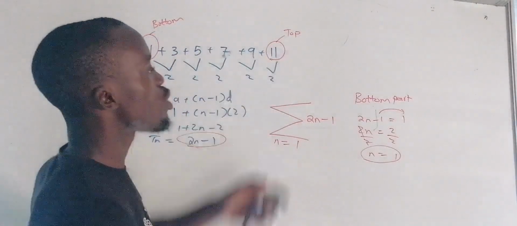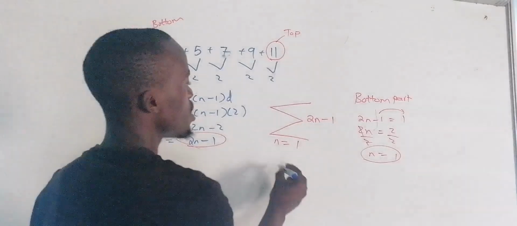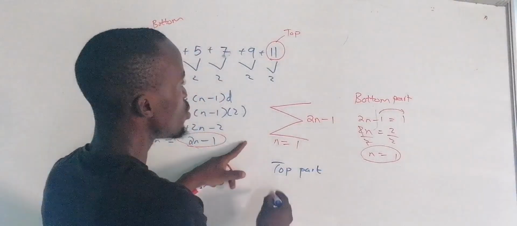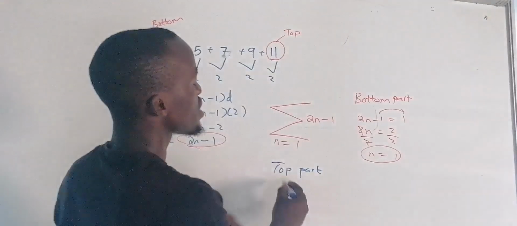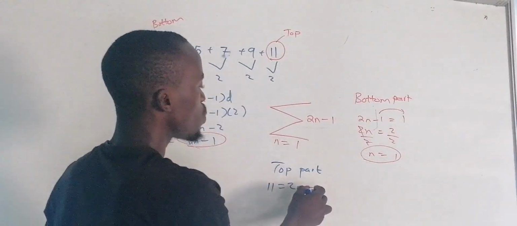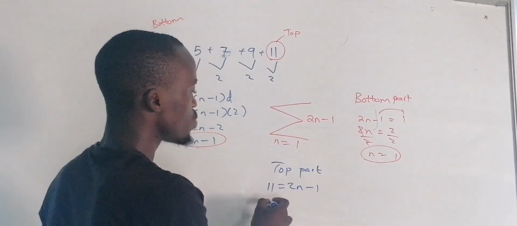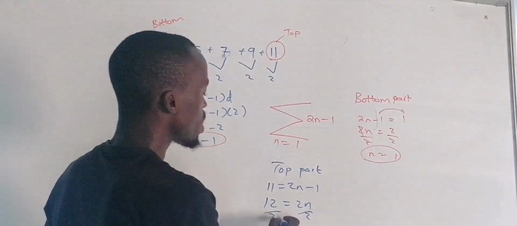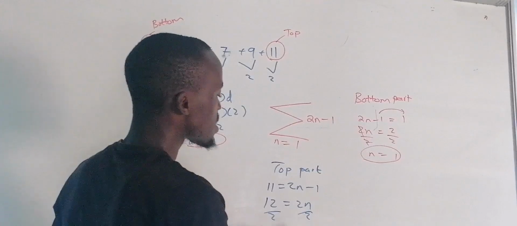I don't know if you understood that. For me to get the top part, I do the same thing. I have to equate this 11 to the general term, which is 11 equals 2n minus 1. Then we transpose this to the left, it will be 12 equals 2n. You divide by 2, you get 6 equals n.